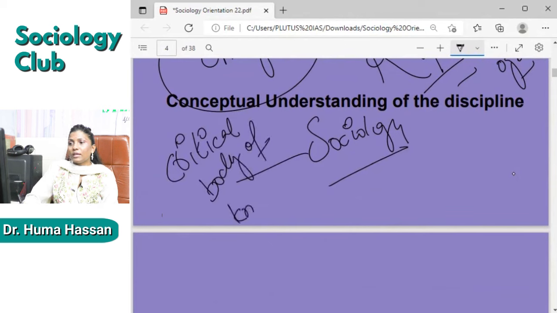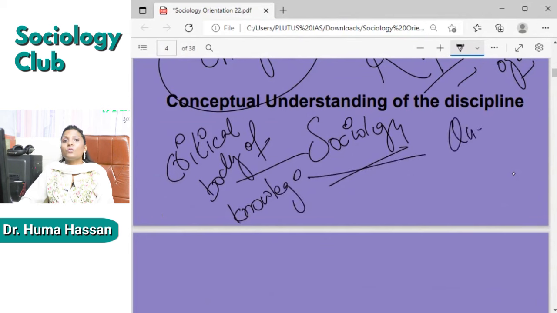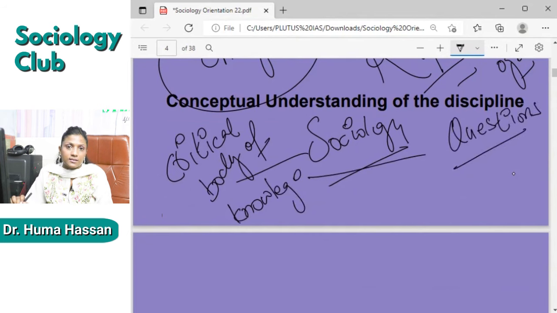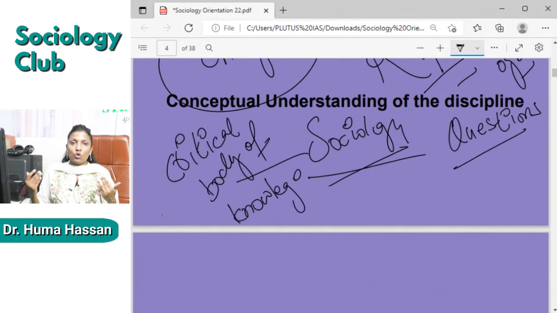It is critical because it questions existing realities and takes nothing for granted. And this definition, that sociology is a critical understanding which questions everything and takes nothing for granted, is not my own definition, but it is given in your NCERT.